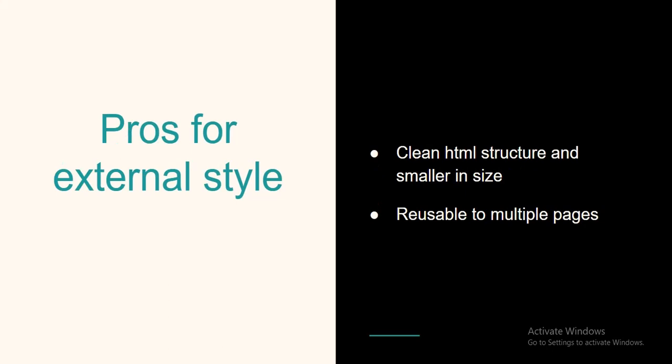So let's look at the advantages of external style. As we have seen, in external style you create the CSS separately, a CSS file on its own, and then you link it to the HTML page. As you saw, it is a clean structure. It is very clean, the HTML structure is very clean, and the size of the HTML file is small, which makes it load faster.